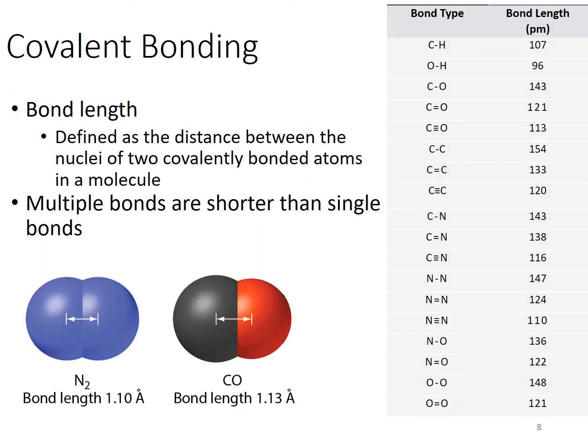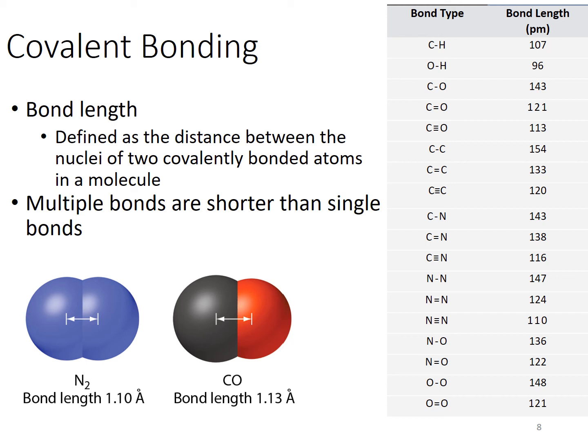Bond length also really matters in terms of multiple bonds. So the bond length is defined as the distance between the nuclei of 2 covalently bonded atoms in a molecule. Multiple bonds tend to have shorter bond lengths than single bonds. There are more electrons there.